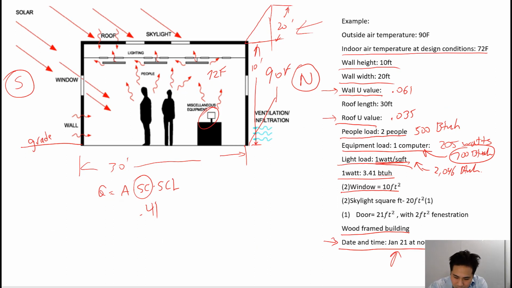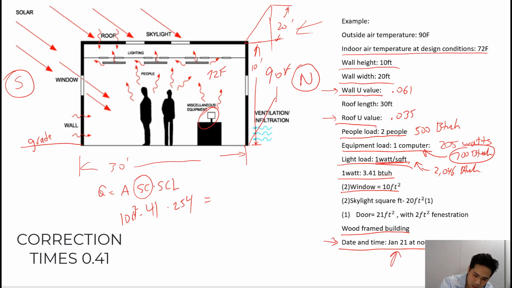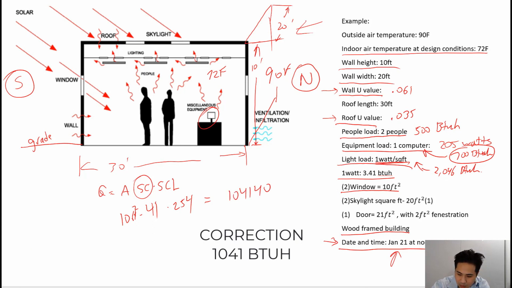So we have 254 for the SCL, and the area is 10 square feet. So this will give you a value of 10 times 0.41 times 254, which is 1,041 BTUs per hour for the window.